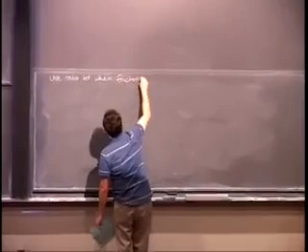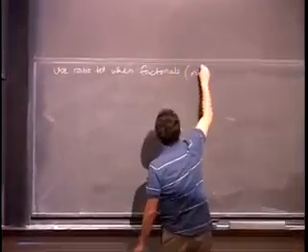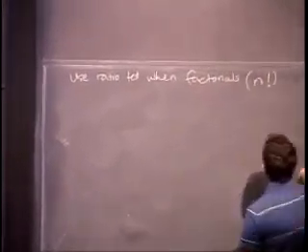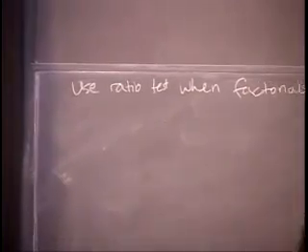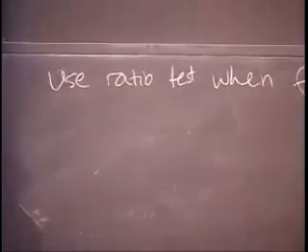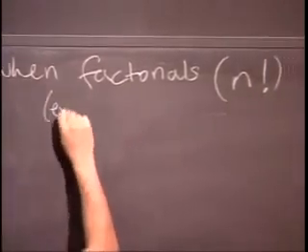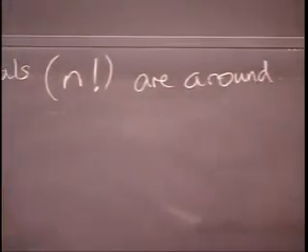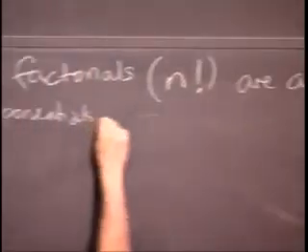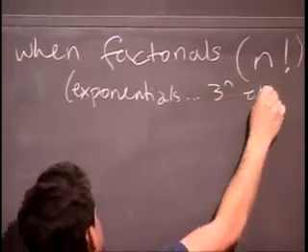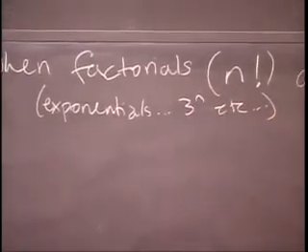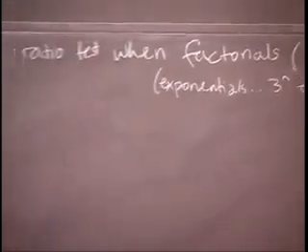And when I say factorials, I'll talk about them in a little bit, but think n exclamation point. It's also useful when exponentials are there, like 3 to the n. They tend to work pretty nicely too. But the factorials is a giveaway.